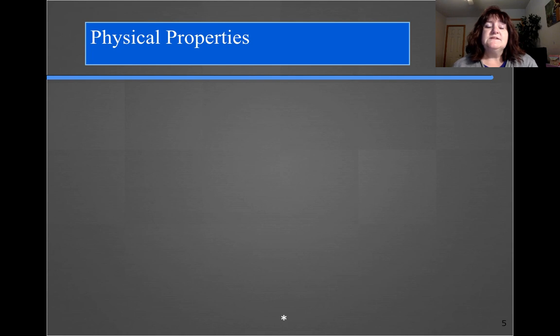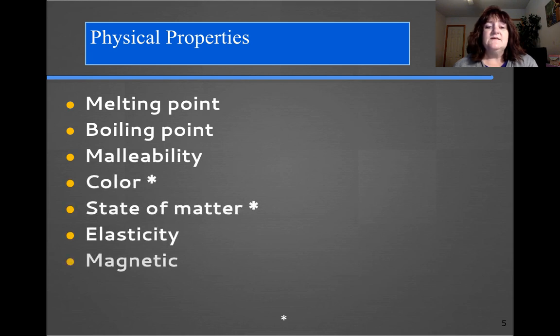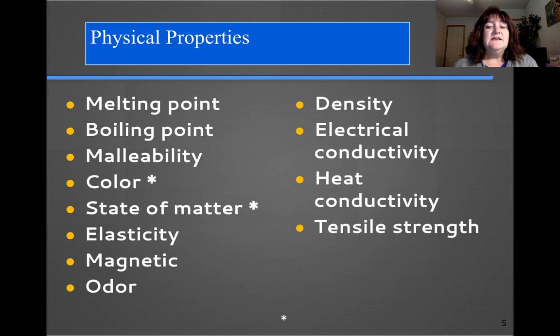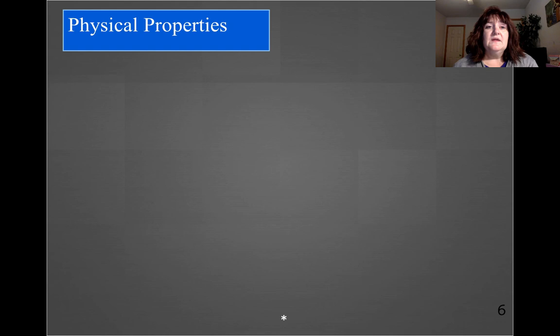So the physical properties that we're going to be looking at are the melting point, boiling point, malleability, color, state of matter, elasticity, magnetic, odor, density, electrical conductivity, heat conductivity, tensile strength, ductility, hardness, and brittleness. Those are the 15 physical properties that we're going to look at. So let's get those definitions.